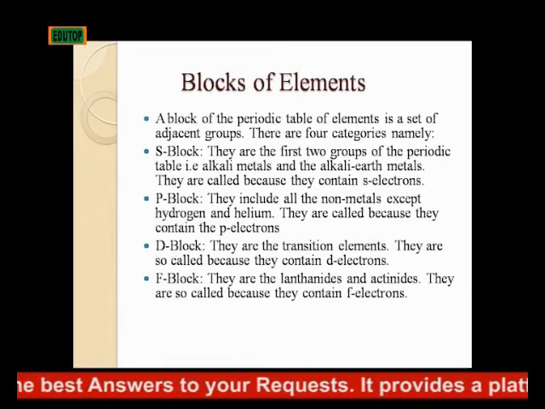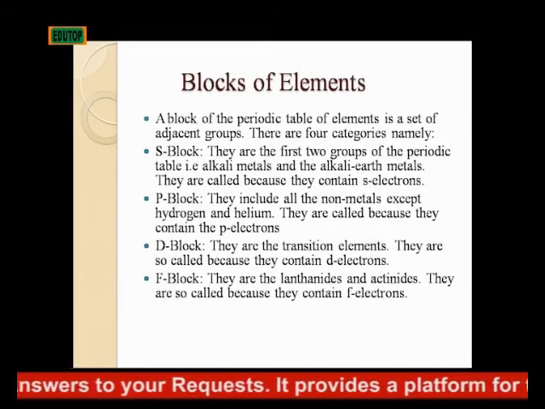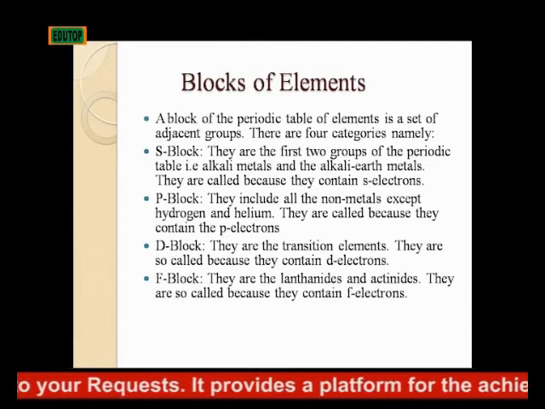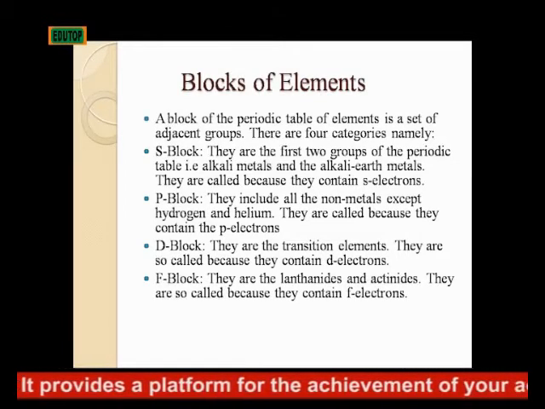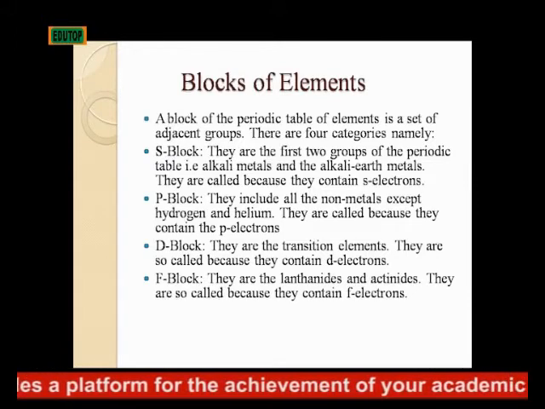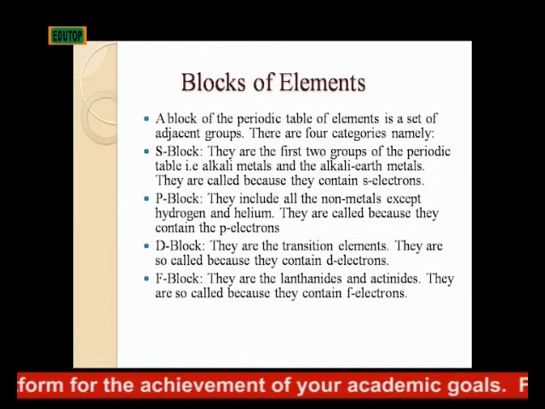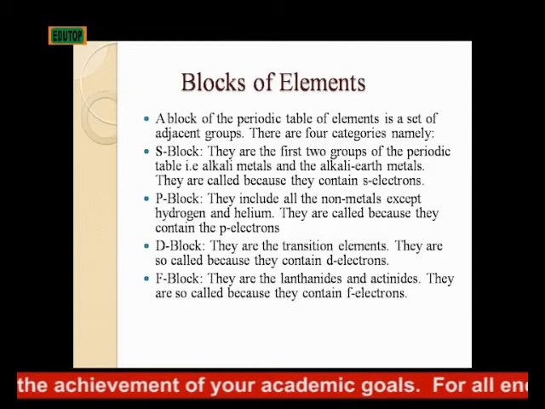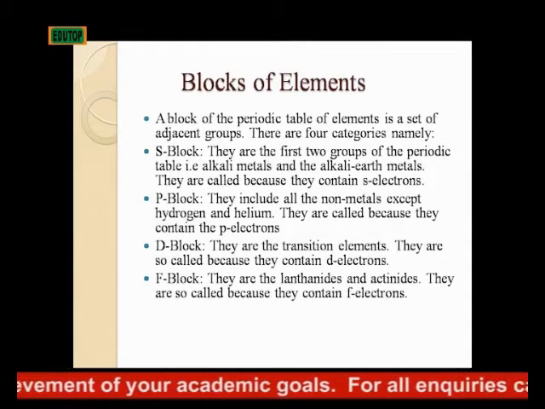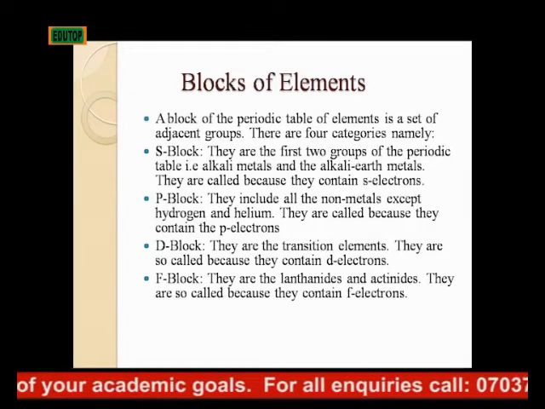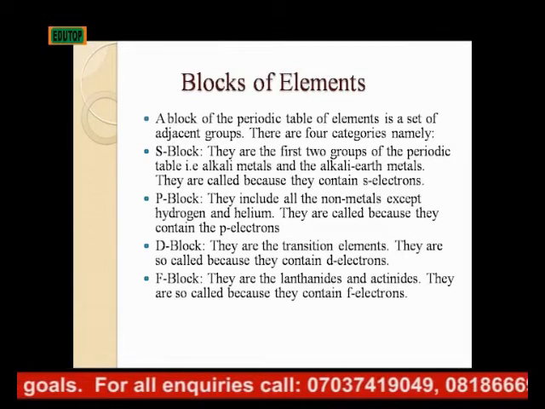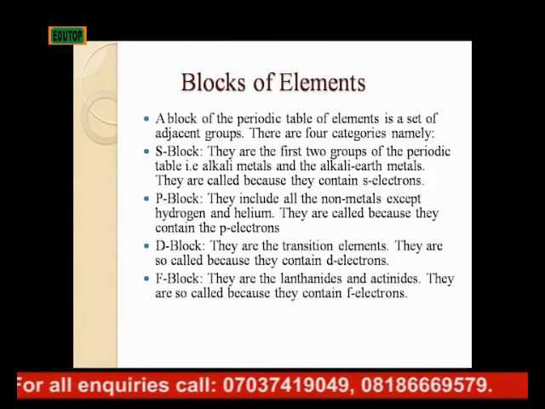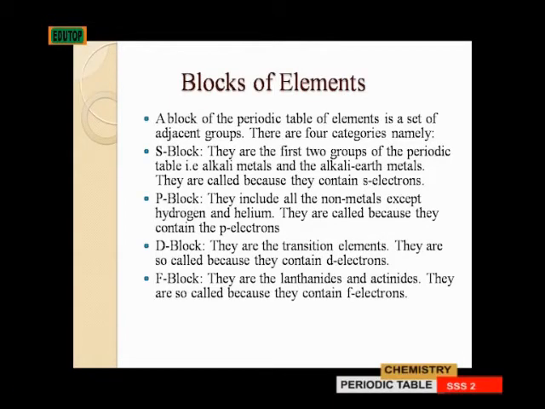Then the alkaline earth metals, these are the group 2A elements. Example, calcium, magnesium, etc. P block, they include all the non-metals except hydrogen and helium, simply because hydrogen is placed in group 1, not because it is a true alkali metal, because it has only one electron in the outermost shell, and in that situation it will not readily lose it, rather it will prefer to share it.